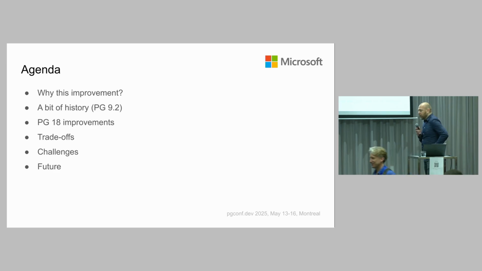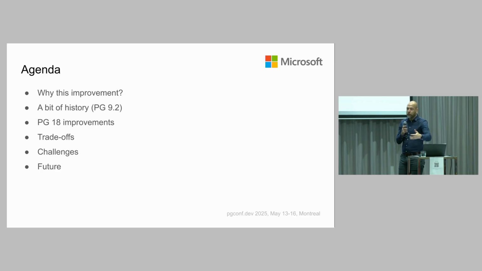So let's start. What is the agenda of this talk? What I'm going to talk about is a particular improvement, a fairly small improvement in PostgreSQL 18, but I think it's an interesting topic. And I'd like to give a little bit of context of not just what the patch does, but also why we did that and what led us to making this improvement, like a bit of context of how things actually get improved in practice, right? Because it's not that you wake up one day and just say, okay, I will do fast path locking.